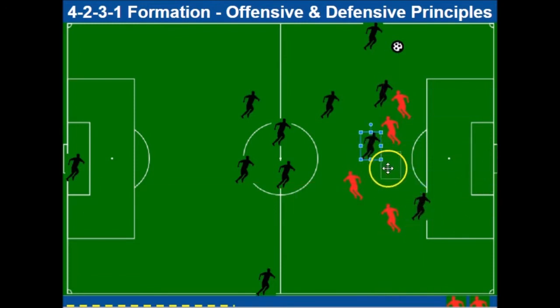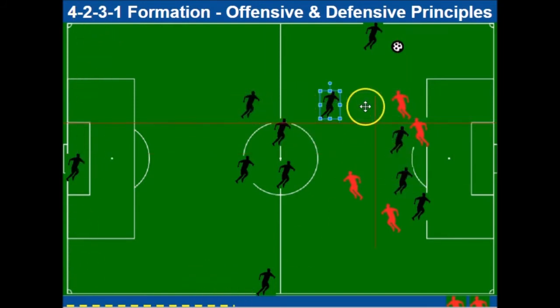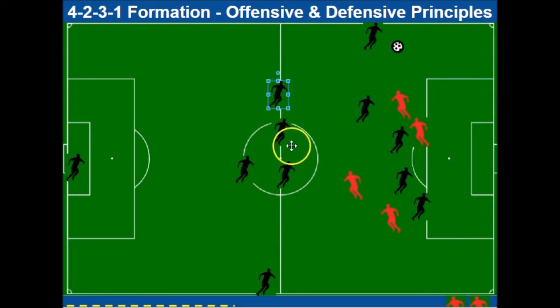Our center forward would be looking to maybe make a run in this regard. And this would be one of our offensive midfielders looking to bust through as well. So let's say those players do their job and they get into position. There we go. So our fullbacks getting involved and our forwards and midfielders getting involved. We should see kind of this pattern behind. So it would be a center back.